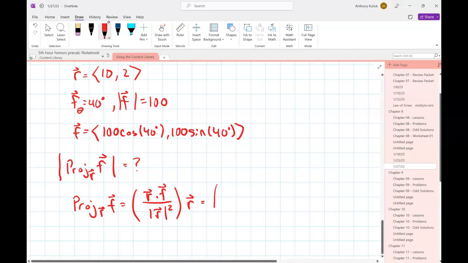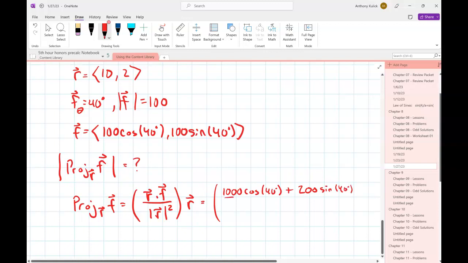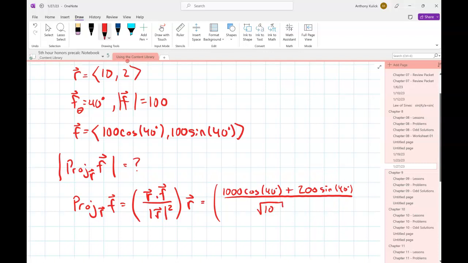So if I do that, I'm going to have 1,000 cosine 40 plus 200 sine 40 divided by the magnitude of r squared, that's going to be the square root of 10 squared plus 2 squared, which is the square root of 104.